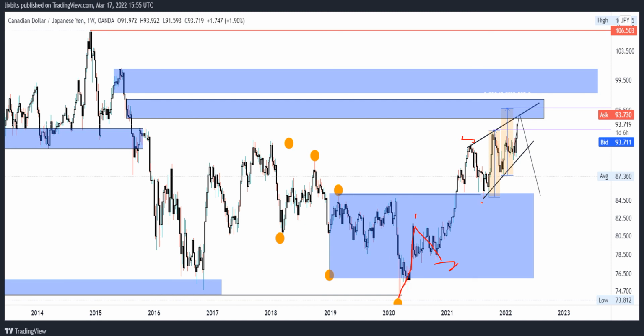I measured this and this, placed it here. I don't want to see price go here. So once price has traded above this, I start looking for trades near the trend line. If I get confirmation, I enter and boom, take profits down here.